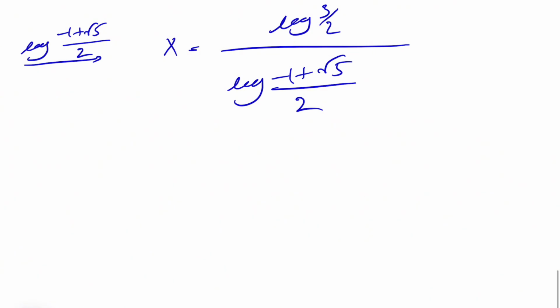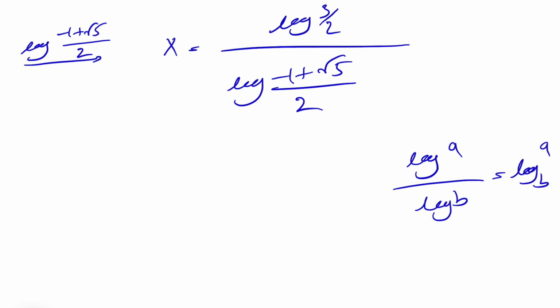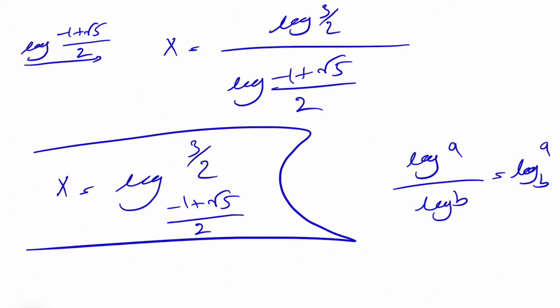And from the laws of the logarithm, when we have the log of a over the log of b, this will be equal to log base b of a. So basically our x in here would be the log base (minus 1 plus square root of 5) over 2 of 3/2, which would be the final answer for this question.